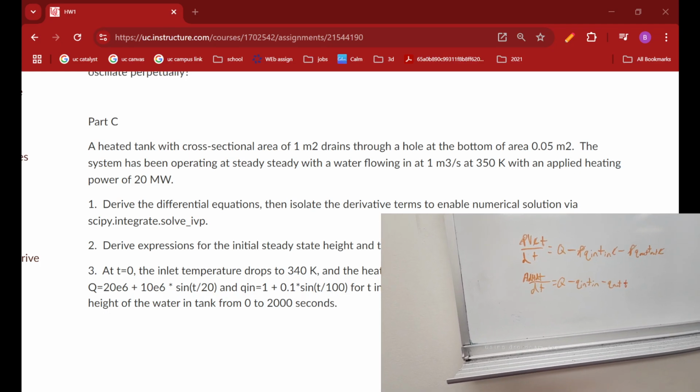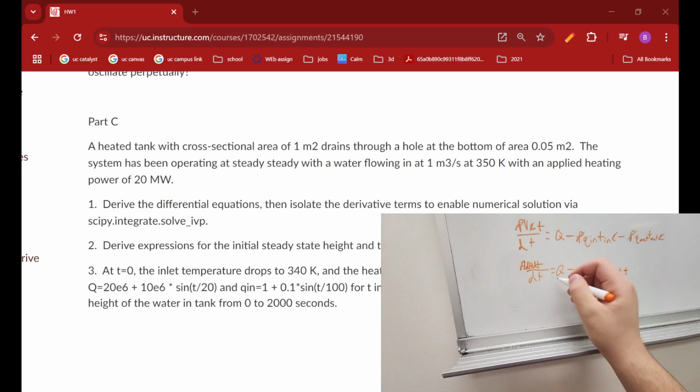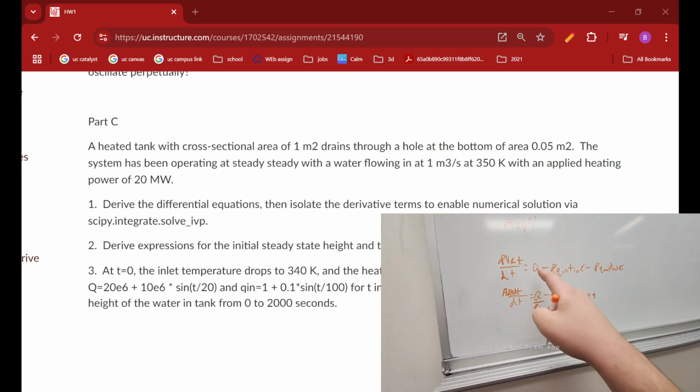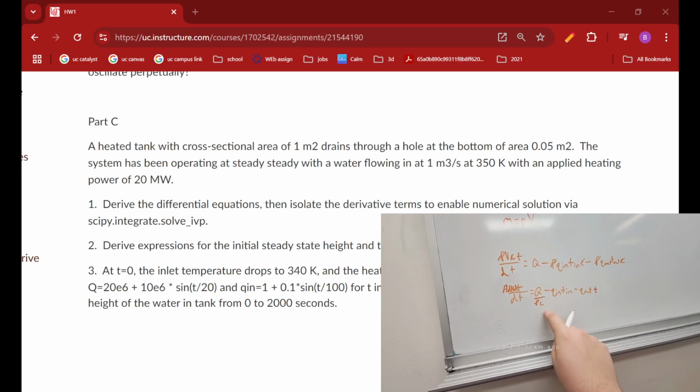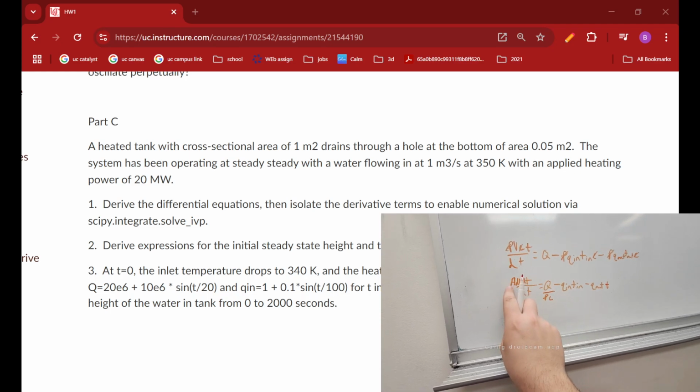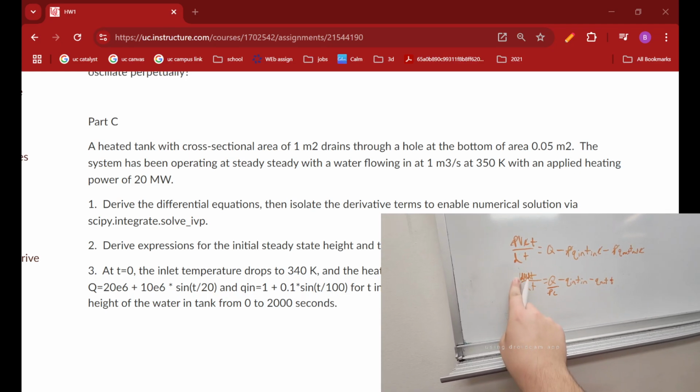And then I missed one more thing, which is here. When I divide by that, we can take it out of these two terms, but I need to compensate for the Q. And then lastly, I'm going to move area to the other side.